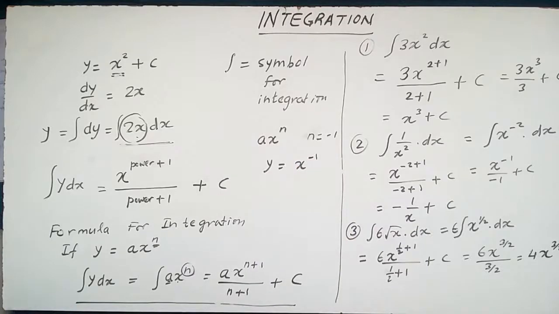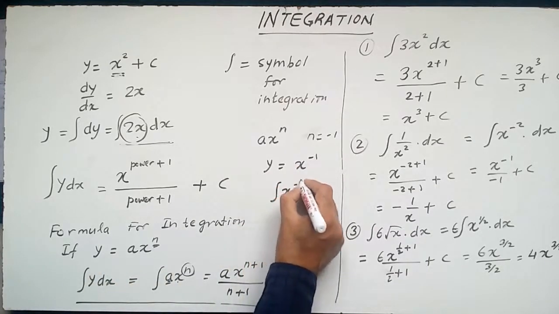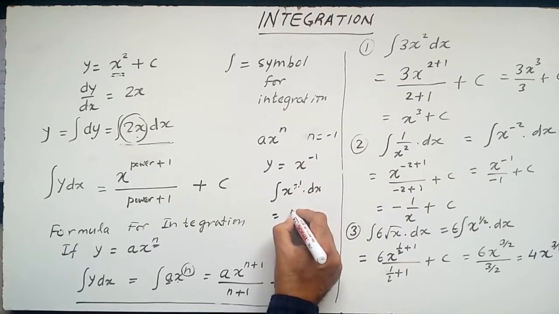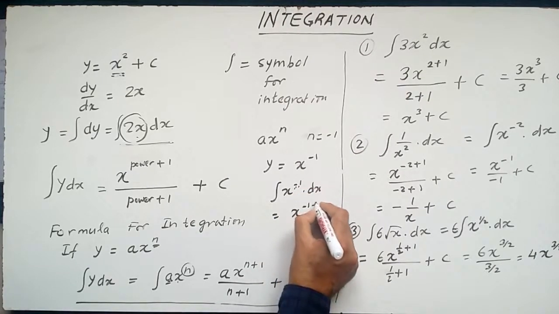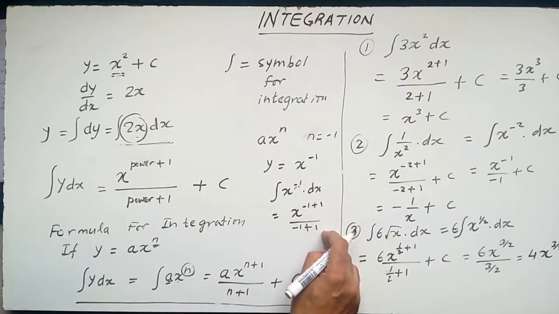What happens when this is the case? So in this case, integration of x to the power minus 1 dx, when we are adding plus 1 to the power of minus 1, it becomes 0. So this expression will become x to the power minus 1 plus 1 upon minus 1 plus 1. Minus 1 plus 1 is 0. So this is a division by 0.